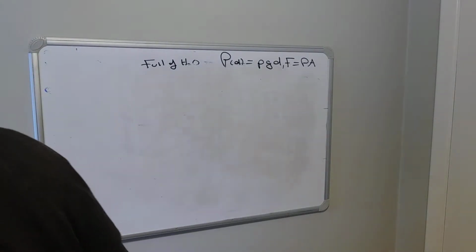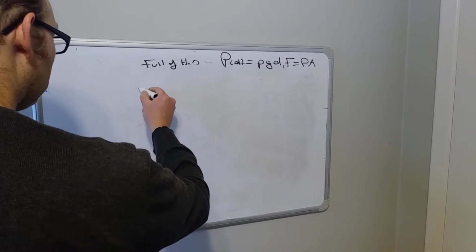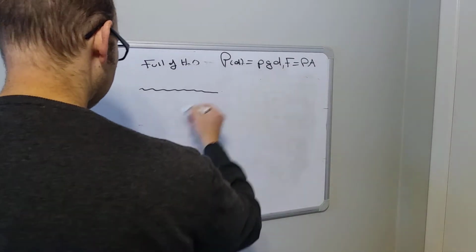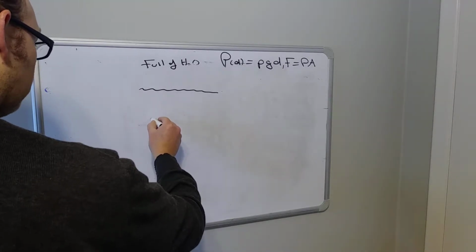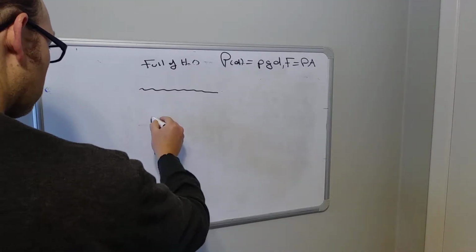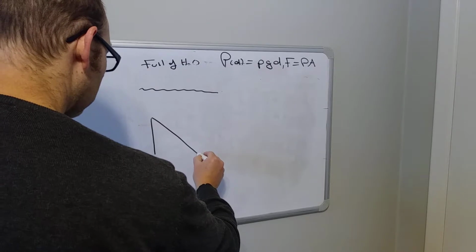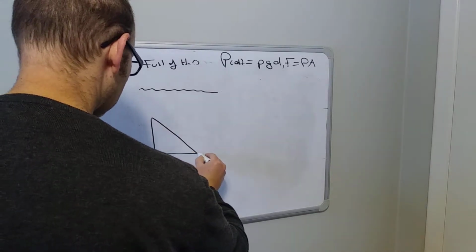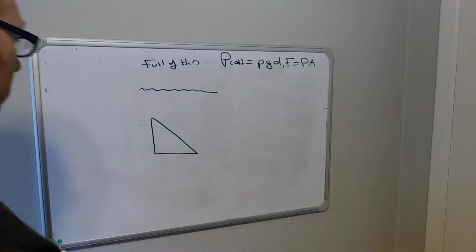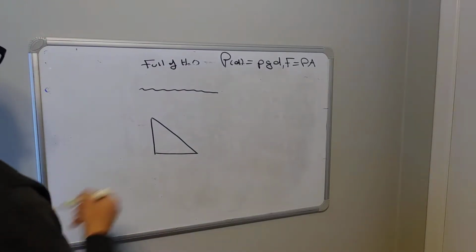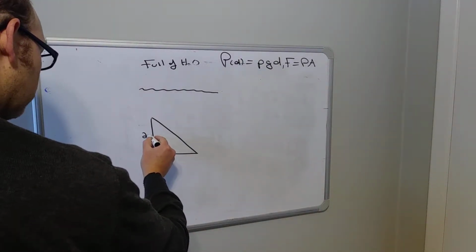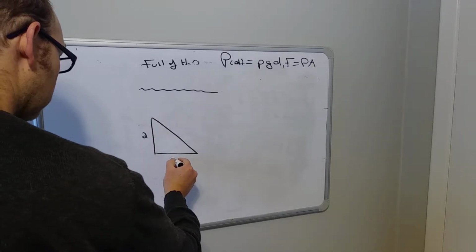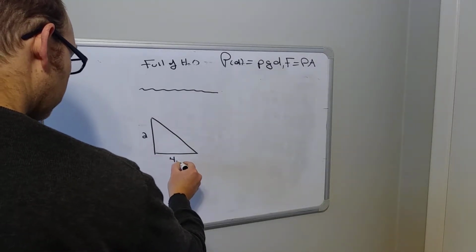Alright, so let's say we have our water level like this, and then below it we have a window, a triangular plate like this, and suppose this is 2 meters by 4 meters.